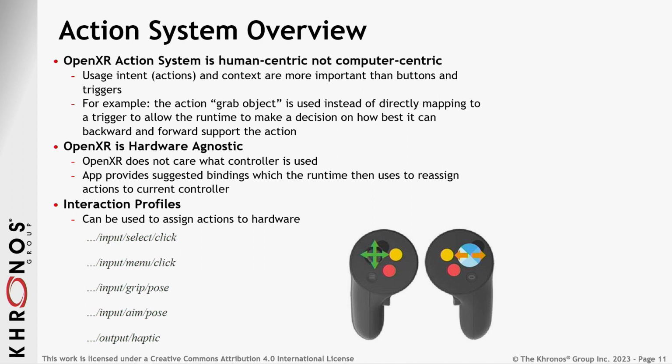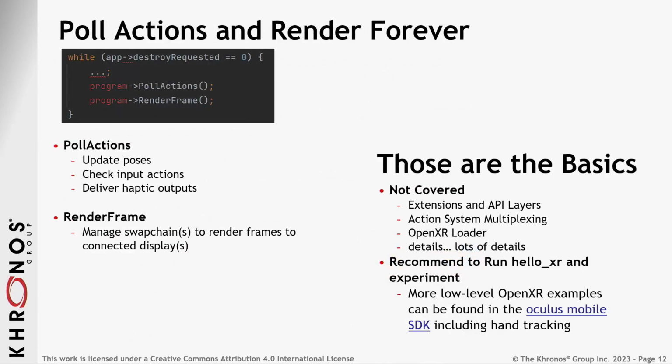The runtime, the headset, will then say, oh, okay, that's not my controller, but I can map that to my own controller. So that's the idea behind that. And lastly, there's the while loop that I mentioned. So this will just poll actions and render until you tell it to stop.